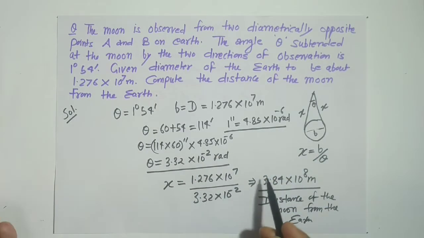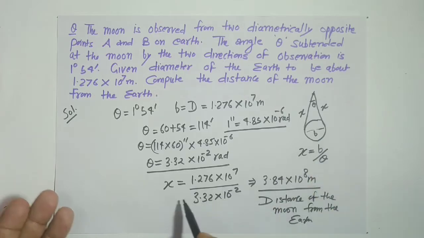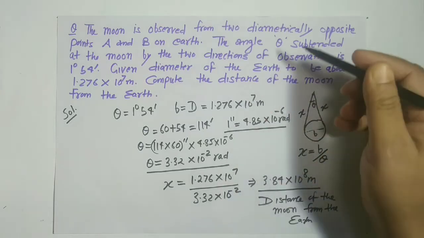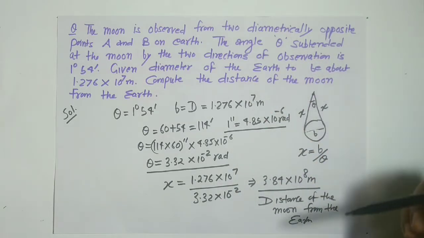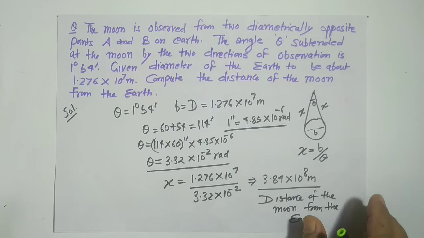B is given, so x is this diameter upon theta. This is how we calculate the distance of any star or a planet from the earth by the parallax method. So this question is on the parallax method.